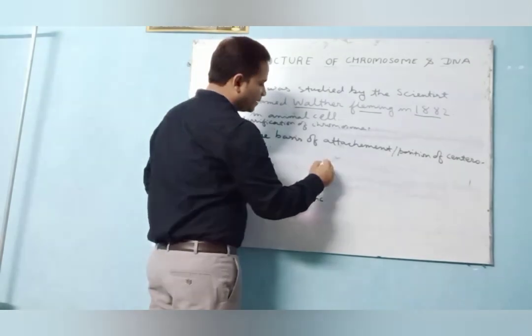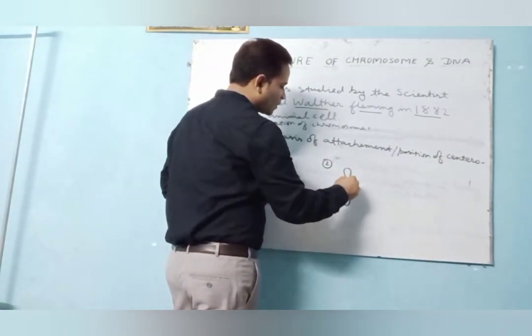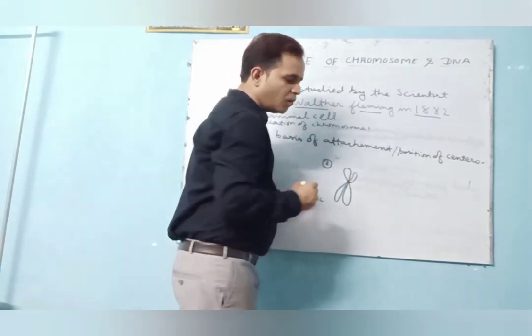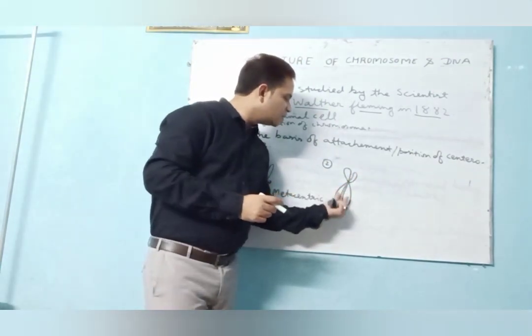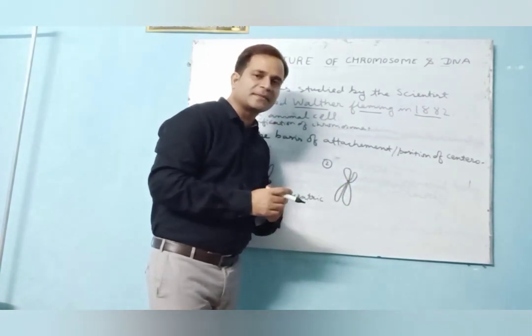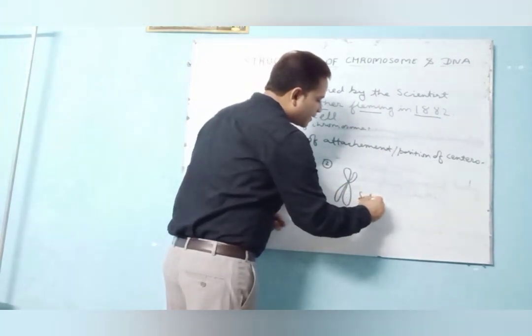Second, here one of the two chromatids is bigger than the other. So this one is called subcentric.